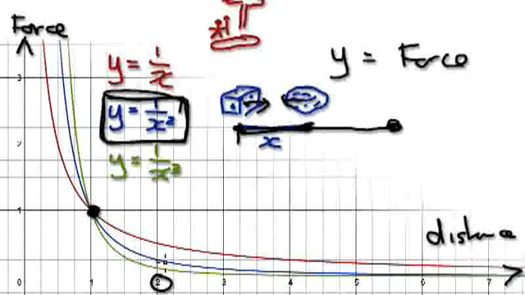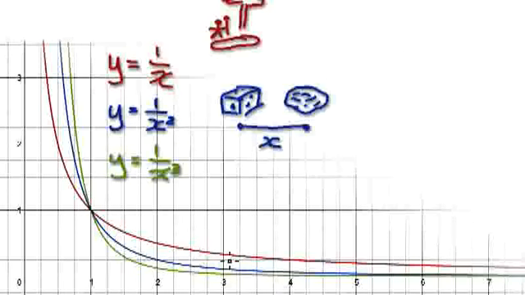So when it was 1, the force is 1, but when you double the distance, it decreases by 4. So you can see that with the blue line, it decreases a lot faster than the red line here.